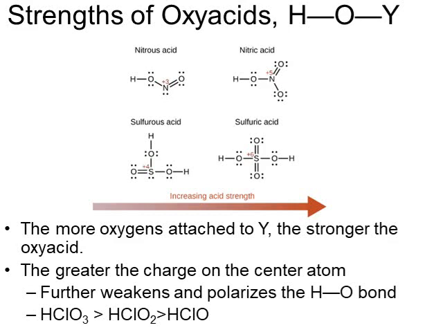That atom does not want that positive charge, and so it needs to also pull for electrons. And so as all of these atoms are pulling for electrons, it becomes easier to break the OH bond to get those electrons, and so the acid becomes stronger. And that's why nitric acid and sulfuric acid are both strong acids, and sulfurous acid and nitrous acid are weak acids.